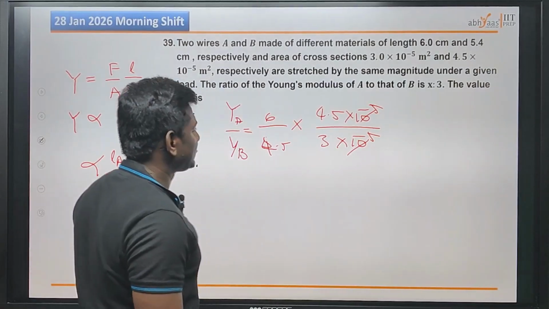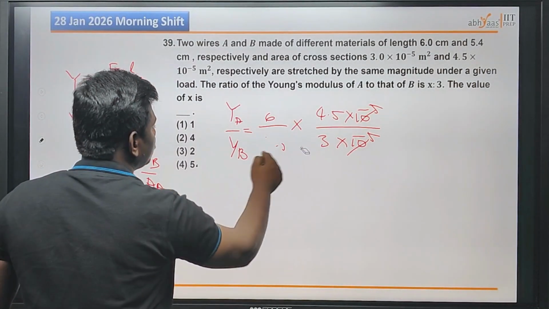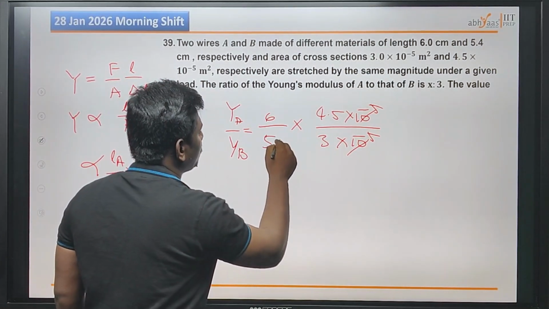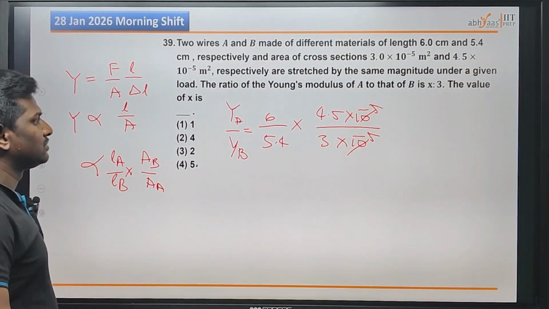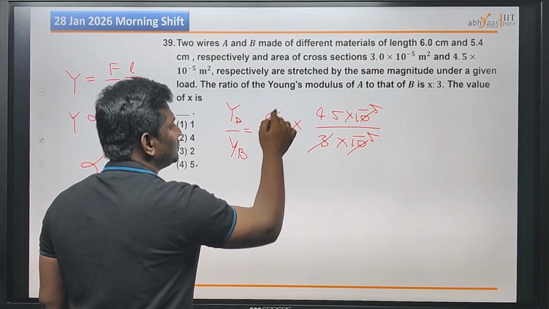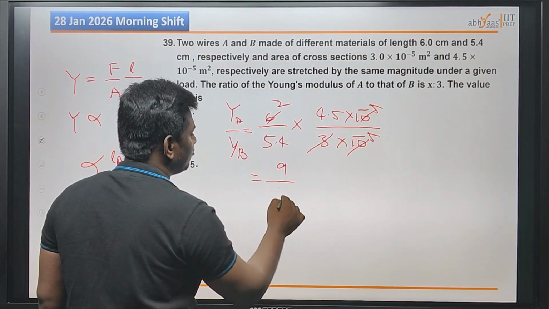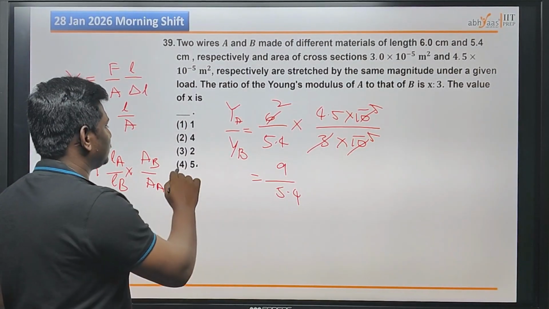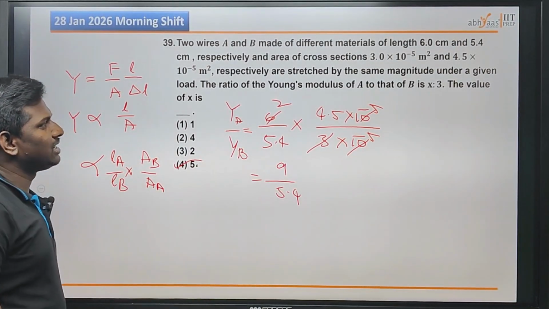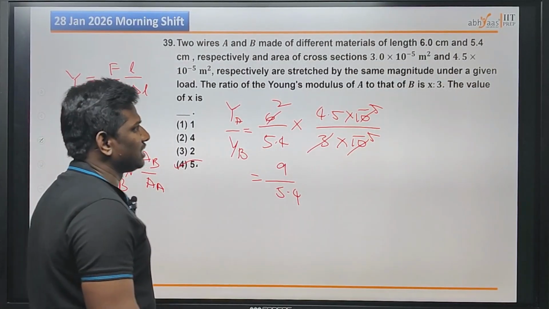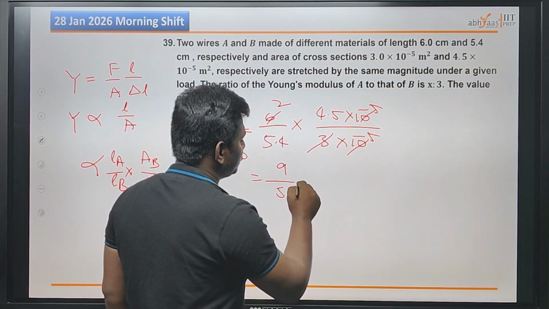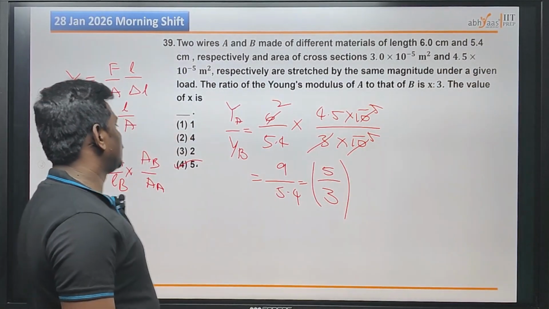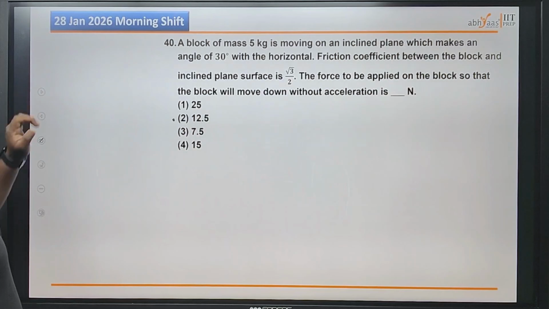Cancel out the things. That is 5.4. This is 9 by 5.4, and if you see this, you will get the answer as 5. That is nothing but x equal to 5 is to 3. So the x value can be written as 5. Next one.